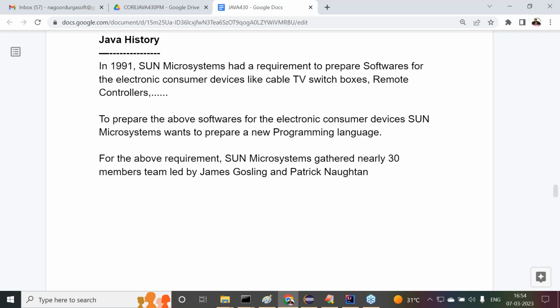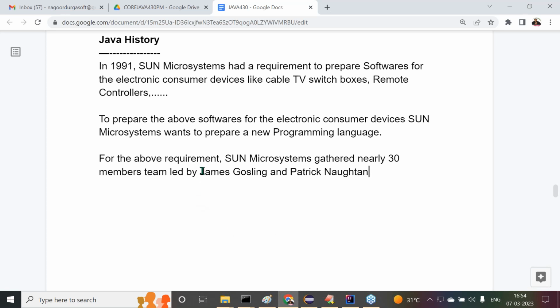These two are the leads for this 30-member team. They wanted to start a project, so they formed a team led by James Gosling and Patrick Naughton.